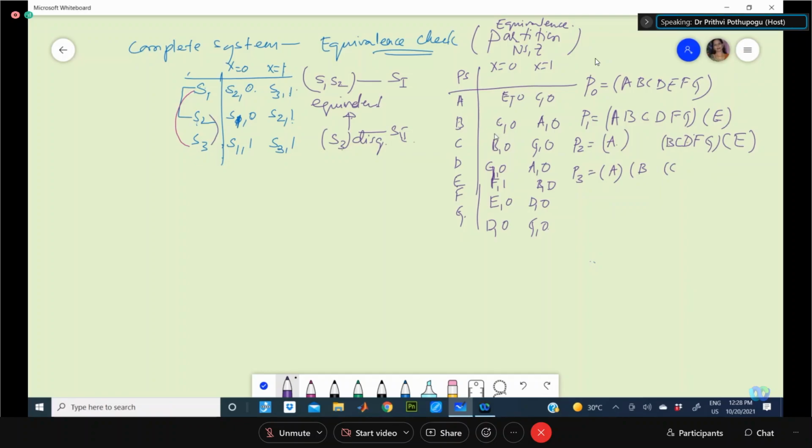B and D go to CG and A. CG is an equivalent group, and A is in the same equivalent group. So here B and D will be in the same equivalent group. Okay. Next, BF.